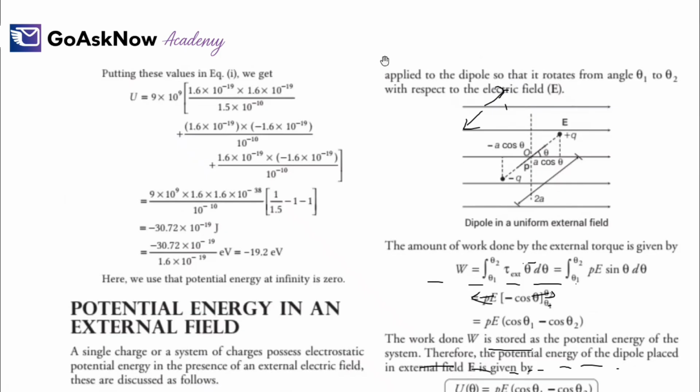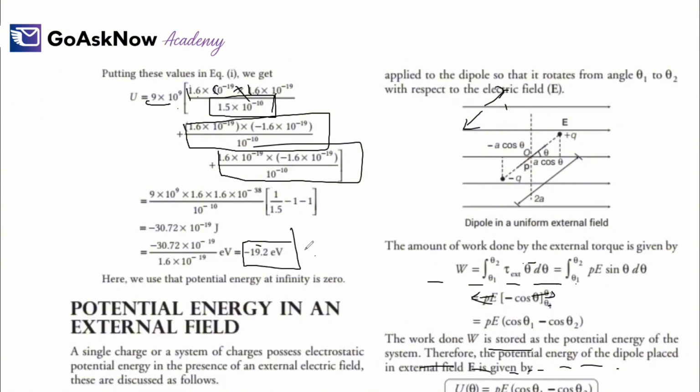Here he has done the calculation like what? 9 into 10 power 9, 1.6 into 10 power minus 19, that is the value of protonic charge, into 1.6 into 10 power minus 19. Two protons are there, so two charge values are multiplied upon 1.5 into 10 power minus 10 meter. Okay. Similarly, for your electron proton pair, this is the value, and similar is for the second electron proton pair. After adding all these terms, you will get the result of minus 19.2 electron volt.